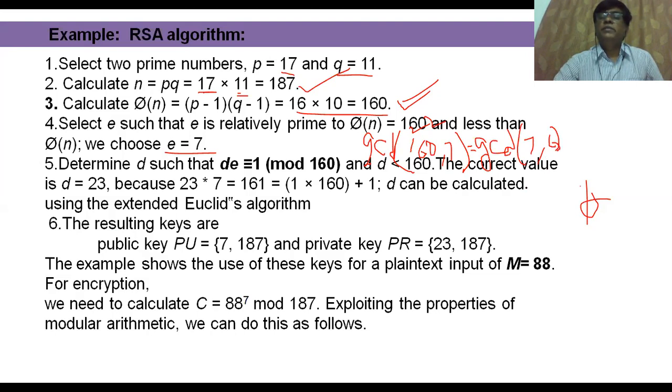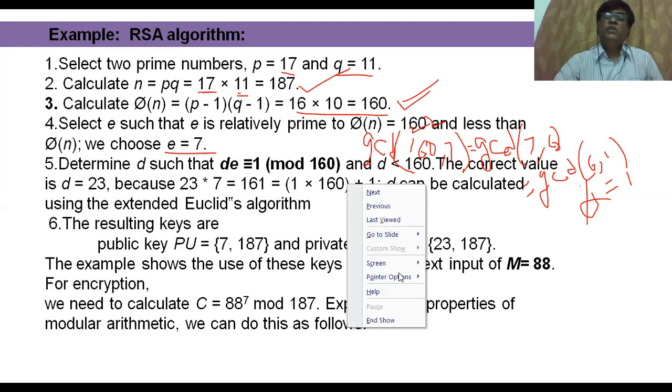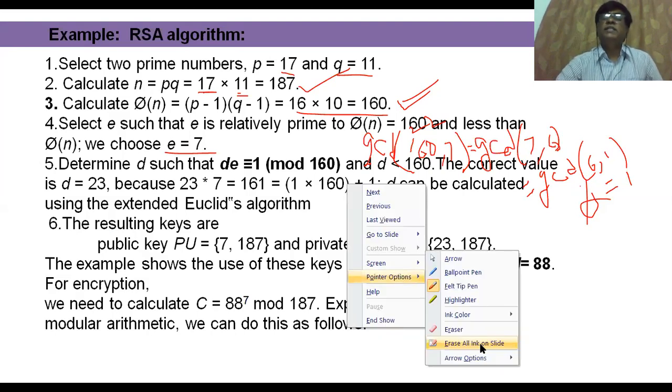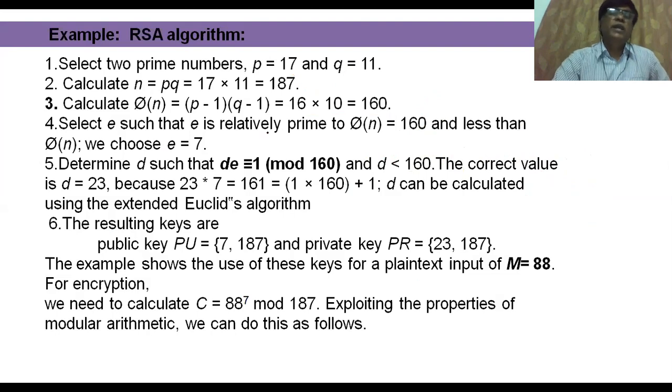Again, this equals GCD of 7 comma 6. 6 divides 7 one time, so the remainder is 1. Now GCD of 6 comma 1 is 1. That's why 7 is co-prime to 160 and it is less than 160. That's why E is assumed as 7.